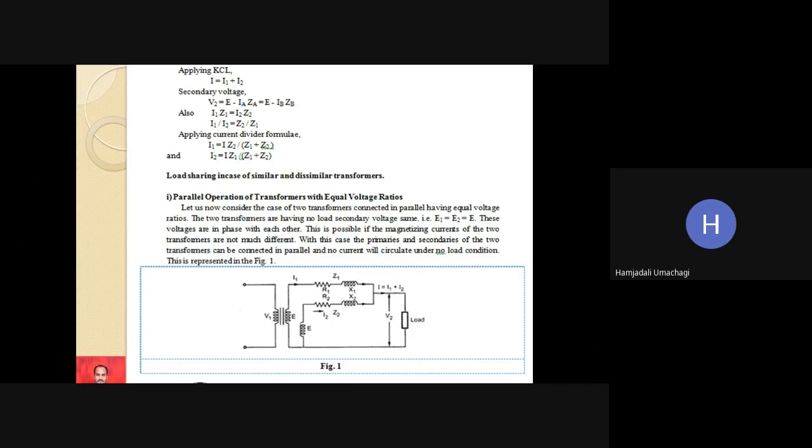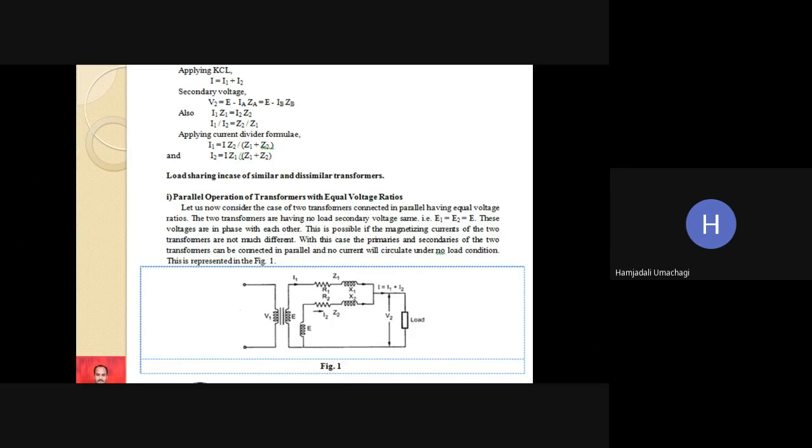Both are connected in parallel, each with its own resistance, reactance and impedance. The load shared by the first transformer is I1 and by the second is I2. Both supply the common load, the total load current I is equal to I1 plus I2, and the terminal voltage is V2. They have the same voltage ratio, E and E.